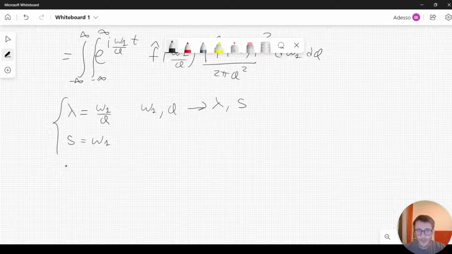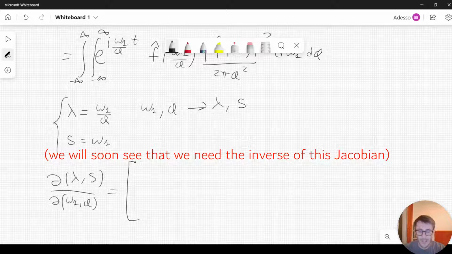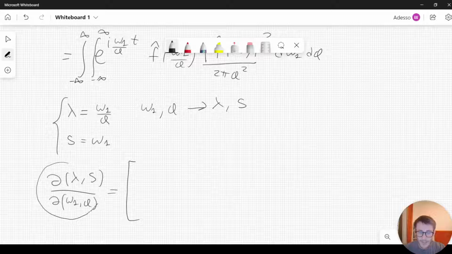So we need to write the Jacobian of the transformation, and in particular, we need to write the derivatives of lambda, s with respect to omega 1, a. So this will be the Jacobian matrix, and I can rewrite it like this. In particular, in the first row, first column entry will be the derivative of lambda with respect to omega 1.